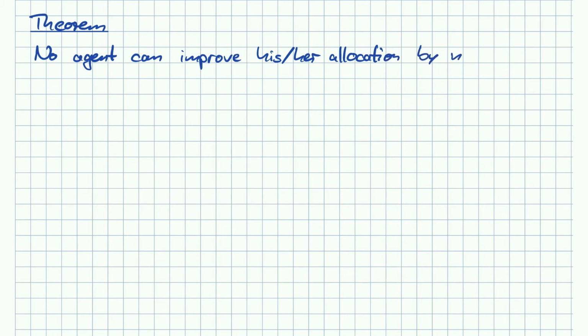So no agent can improve his allocation by misreporting the preference list.